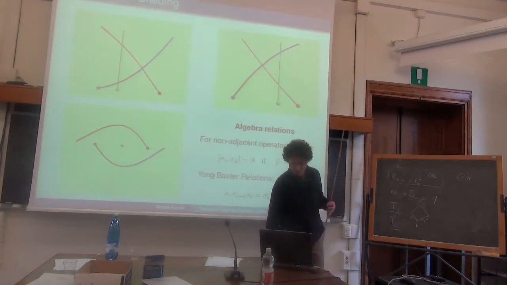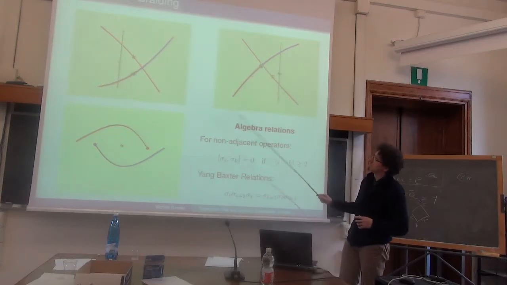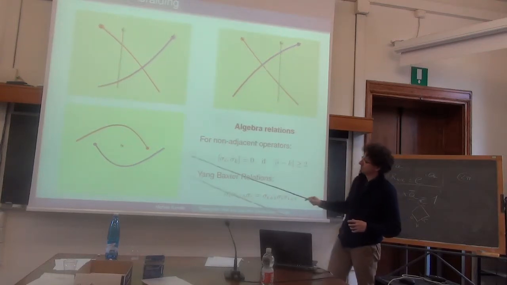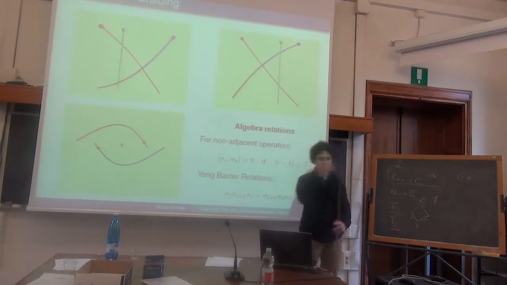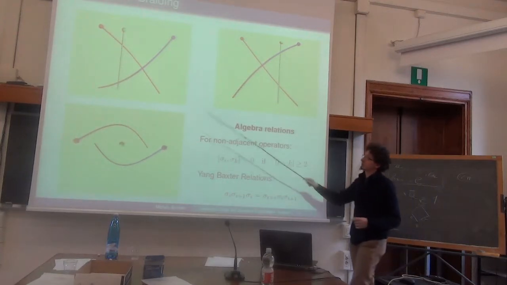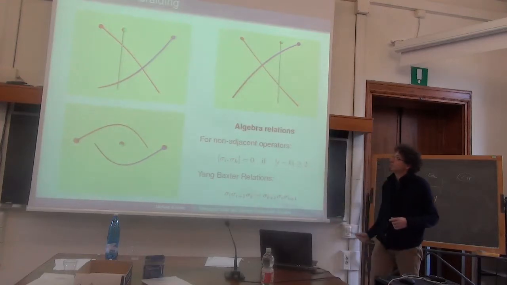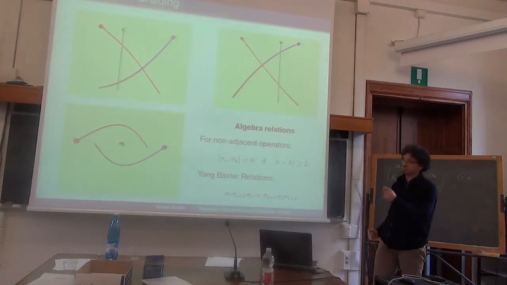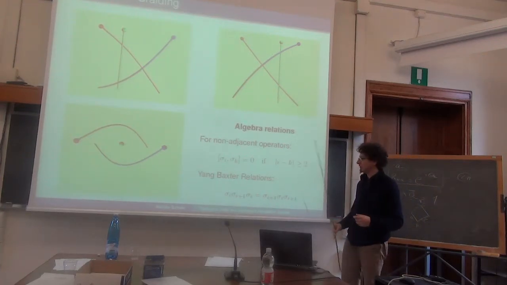And if you look at this, essentially I am exchanging the position of the red particle with the blue particle surrounding the green particle in the middle. And I can deform this way of representing this process into that without actually changing the topology of this braid. This would be a Reidemeister move.